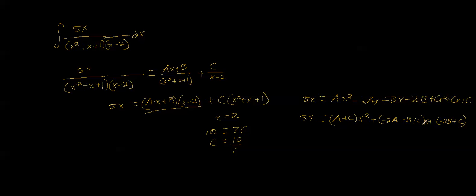So we know that this term right here, negative 2a plus b plus c, has to equal 5, while a plus c times x squared has to equal 0, as well as negative 2b plus c has to equal 0.